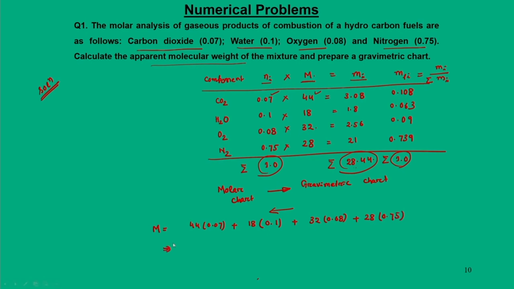Then we find the apparent molecular weight of the mixture is 28.44 kg per kilomole. So, this is nothing but this data. This problem demonstrates the gravimetric chart and the molar or volumetric analysis.